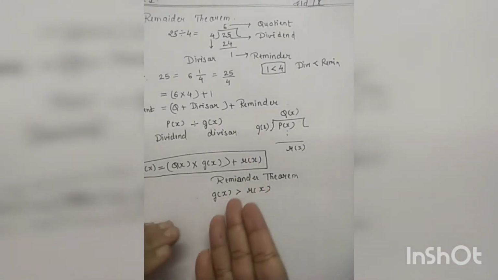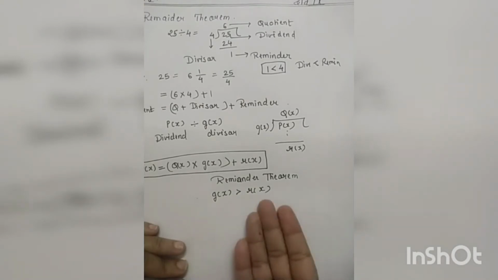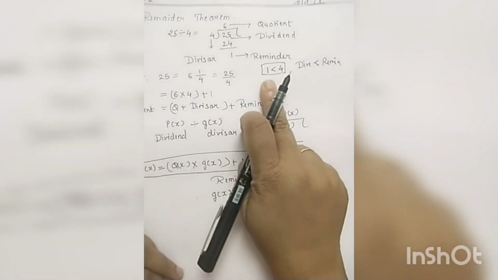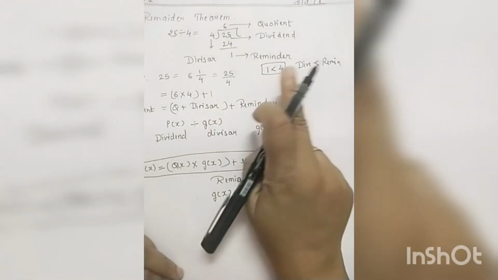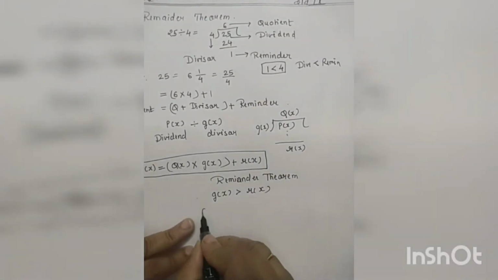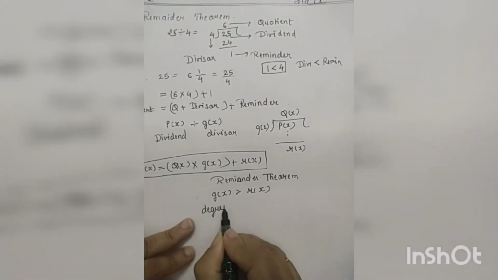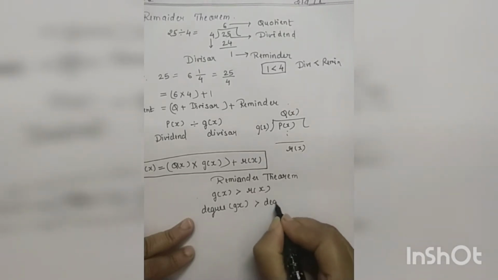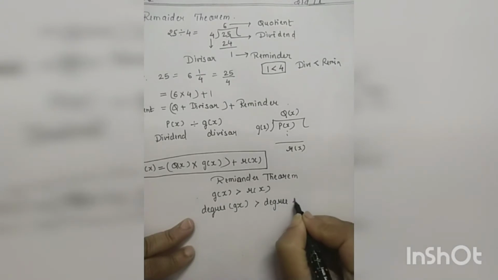But how will we understand whether it is smaller or greater? Because a polynomial is an expression, while with numbers we can easily say that 1 is smaller than 4. We will get it by the degree. The degree of r of x should be less than the degree of g of x.